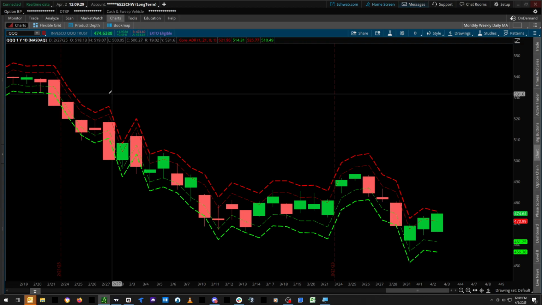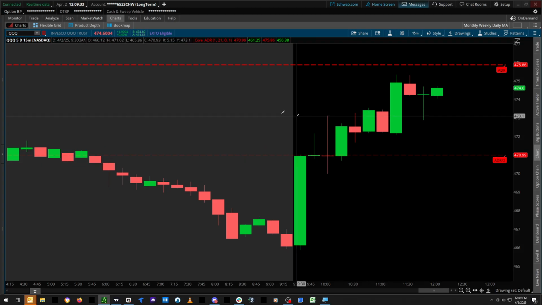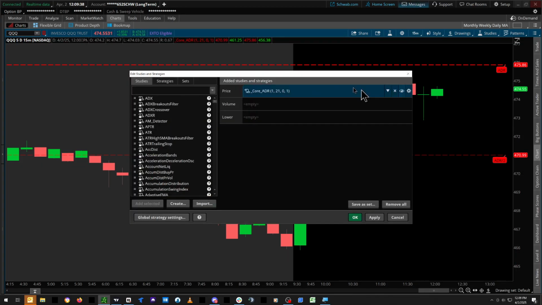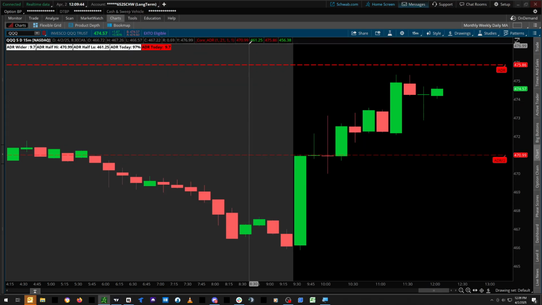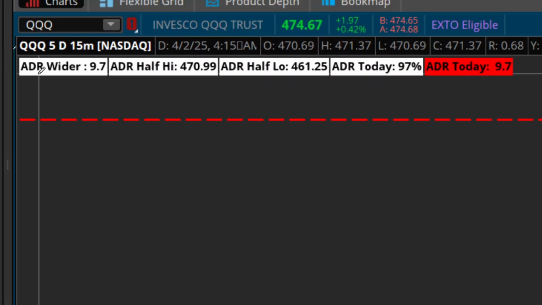And so we can see, let's go back intraday here. Let me turn on the rest of those numbers here. We can see today's, I'm over here on the left. We can see that today's ADR is wider than yesterday.